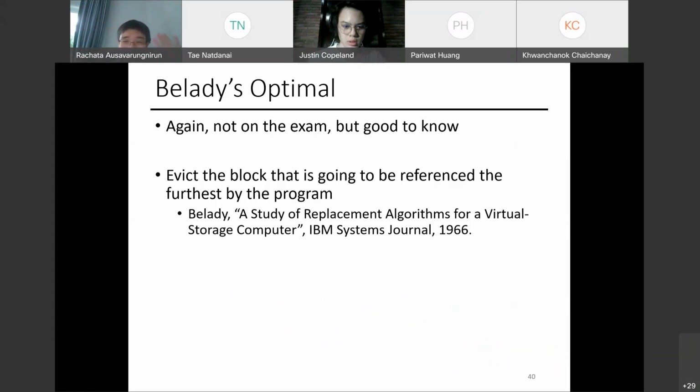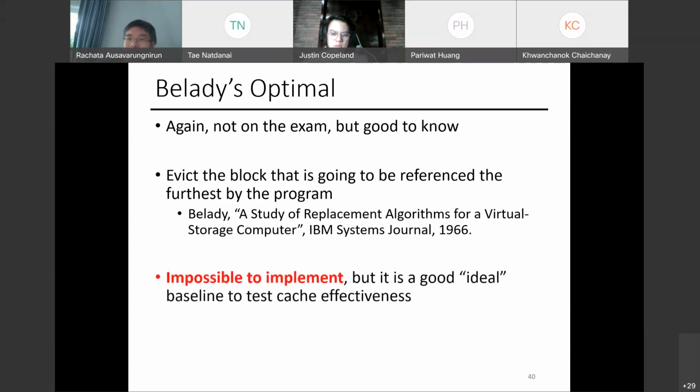This is for both software and hardware caches. Belady's optimal says: let's look at every block that you have to consider for replacement. You want to pick the one that is going to be referenced furthest in the future by the program.